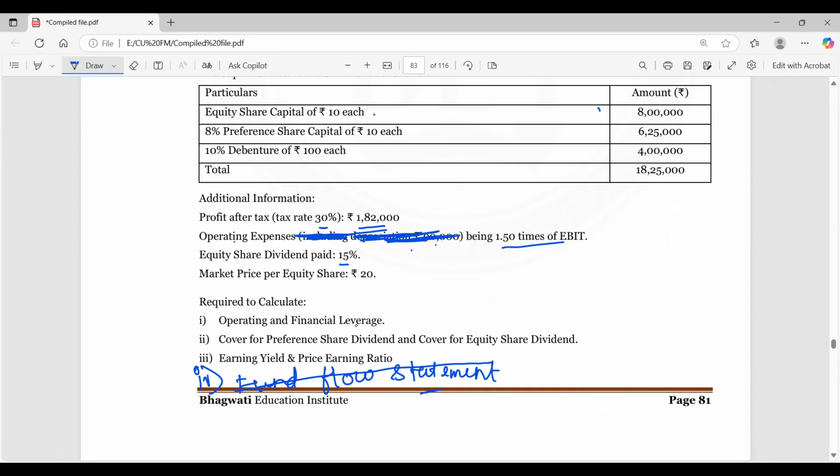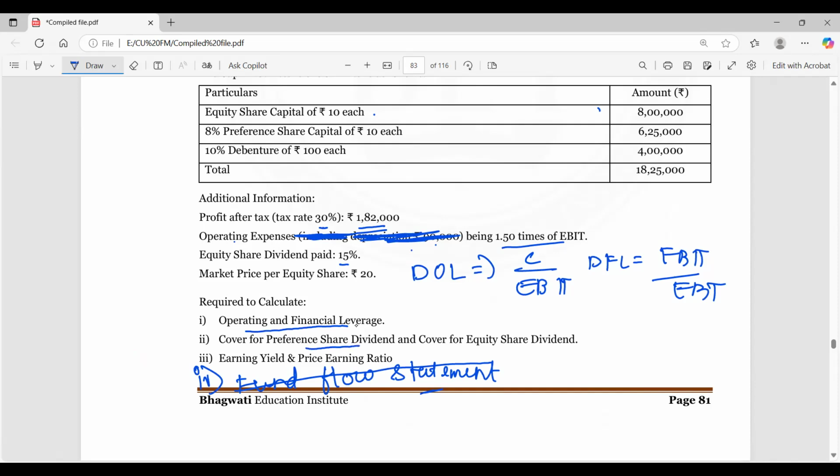Now listen, the first requirement is to calculate operating leverage and financial leverage. DOL, what is the formula? DFL, what is the formula? EBIT by EBT. So these two things we have to calculate, for which we have to prepare the income statement. Next, they are asking cover for preference dividend.